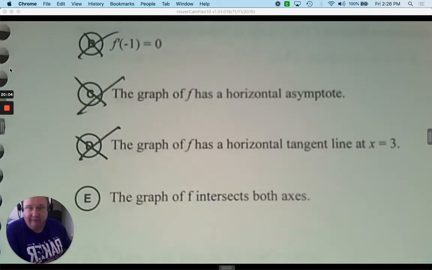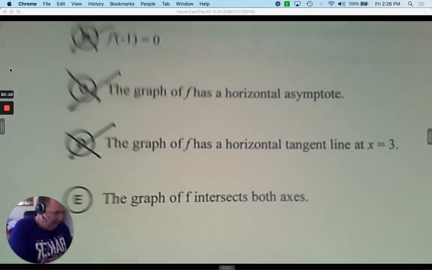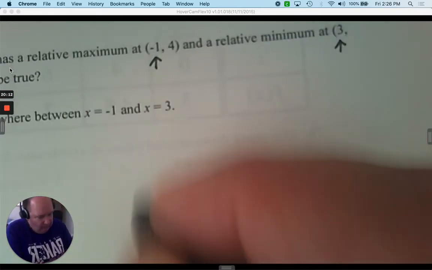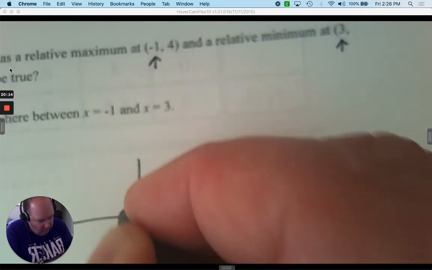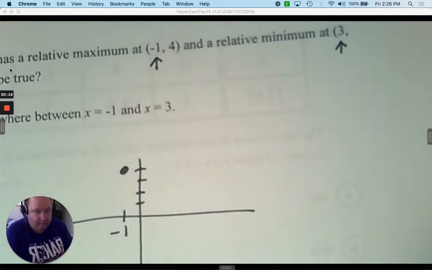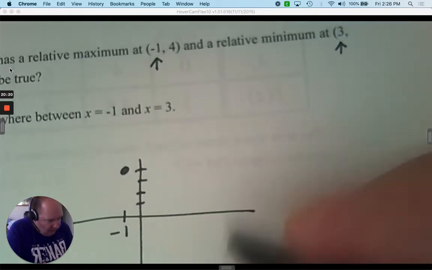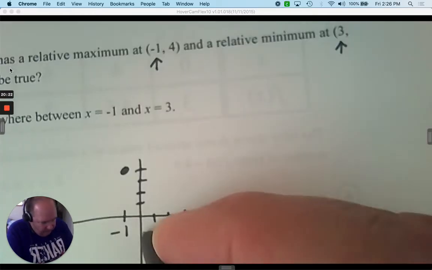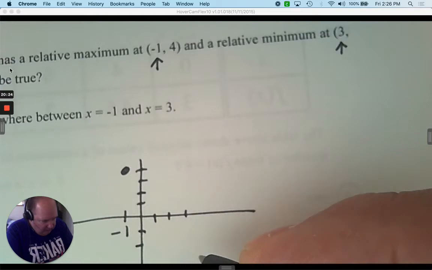And then it says the graph of f intersects both axes. Can we graph that? So, I want to draw a graph. Where's negative 1 and 4? Where's 3 and negative 2? And what they said was, it's continuous.